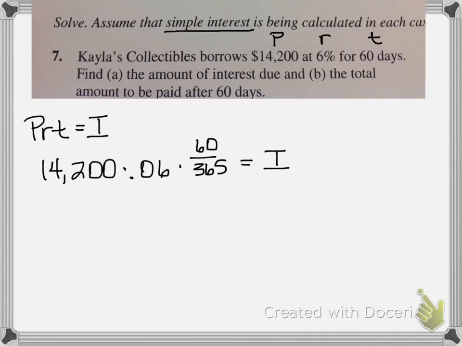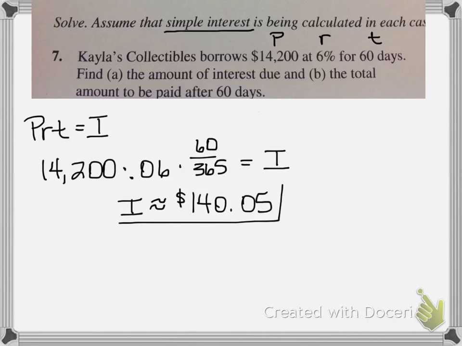So when I multiply all of these together, I'm going to get interest is approximately, because again I'm rounding, and since we're talking a dollar amount, I'm going to round to the nearest cent. So my interest is $140.05.